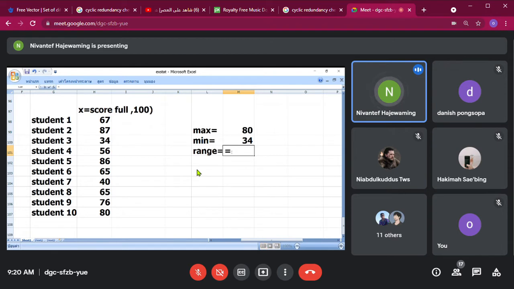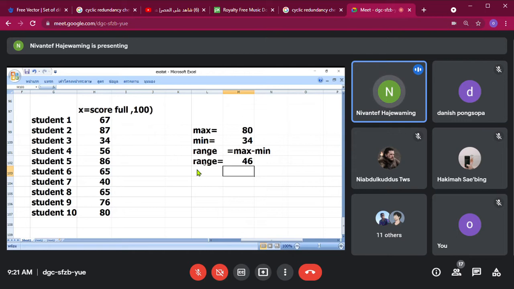Range equals max minus min, which is 87 minus 34.